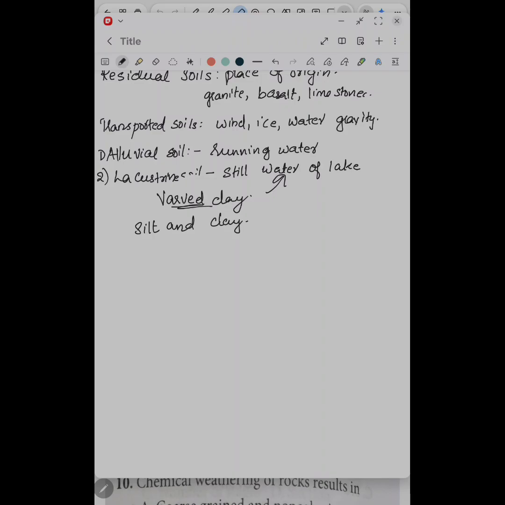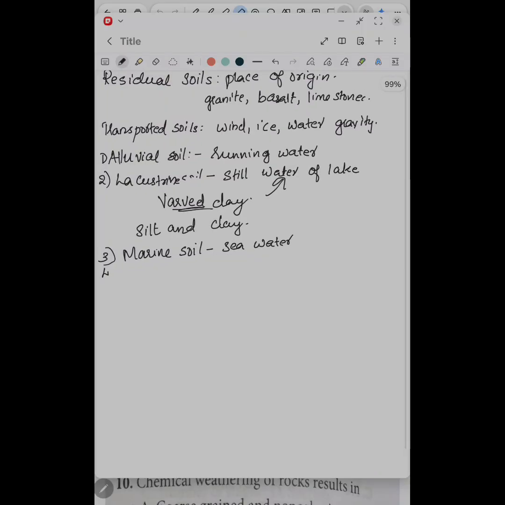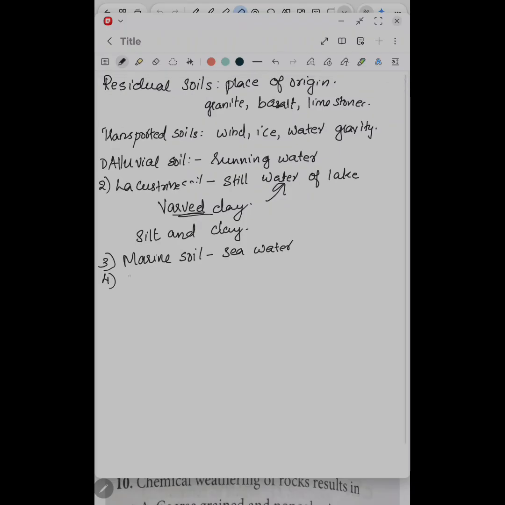Okay. Next is marine soil. Marine soil, these are deposited by the sea water. The agent is sea water. Then next one is aeolian soil.